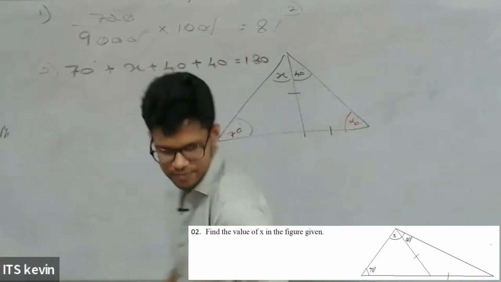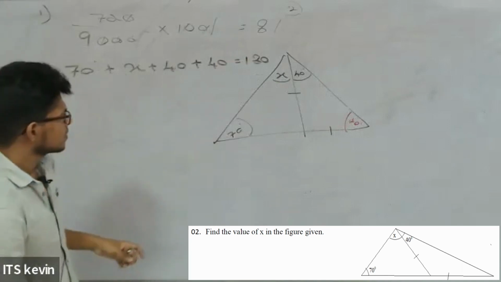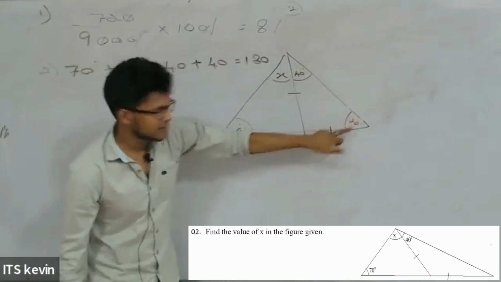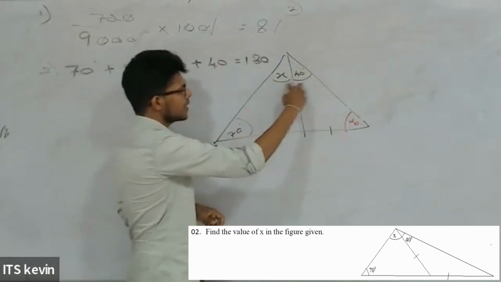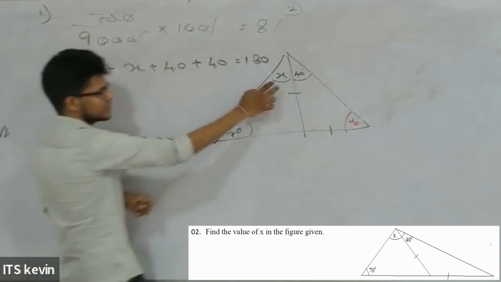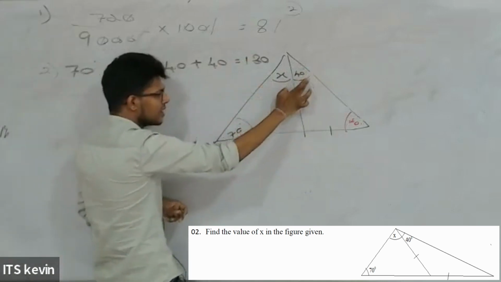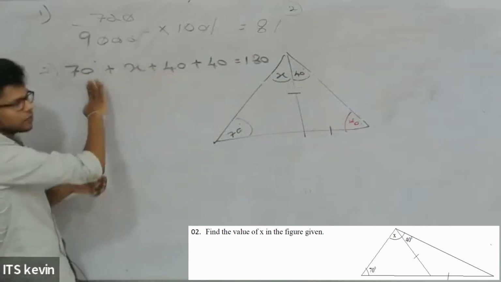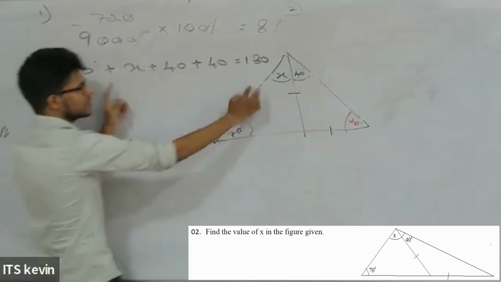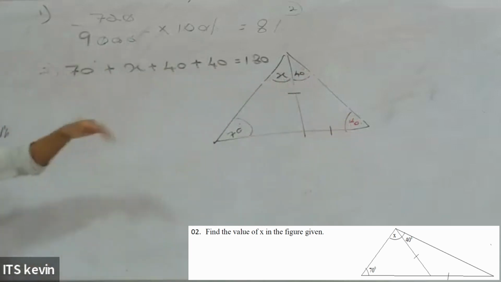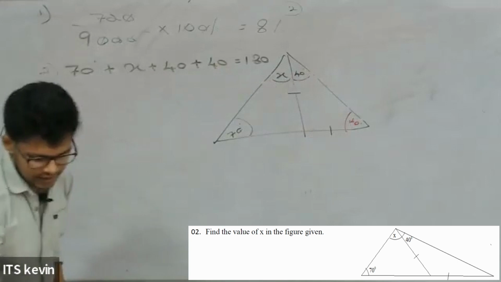Right? Yes, because we are considering this triangle. So this full angle is x plus 40. This angle is x, this angle is 40, but you have to consider the full angle. So all the three angles: this angle is 70, this angle is x plus 40, this angle is 40. So when you add all of them, you will get 180.